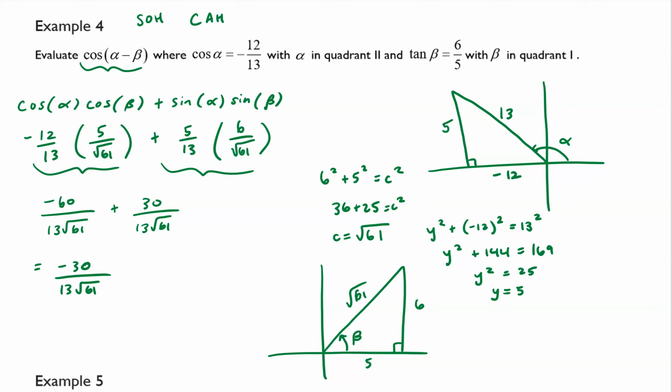And normally we don't want to have a square root in the denominator, so I can multiply this by the square root of 61 over the square root of 61 to rationalize the denominator, and that is going to give us negative 30 times the square root of 61 over 13 times 61. And then lastly, we can multiply 13 and 61 in the denominator to get negative 30 times the square root of 61 over 793.